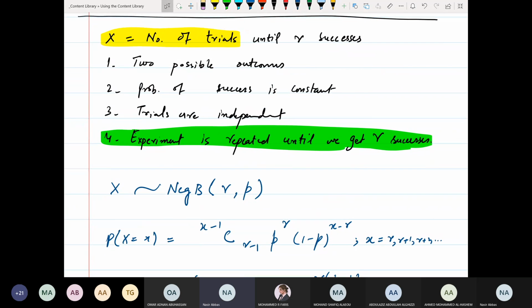Not the number of successes out of n trials, but the number of trials until R successes. So tomorrow, inshallah, we will try to finish chapter 3 and do some examples of chapter 3 also. And then the day after tomorrow, we'll start chapter 4.